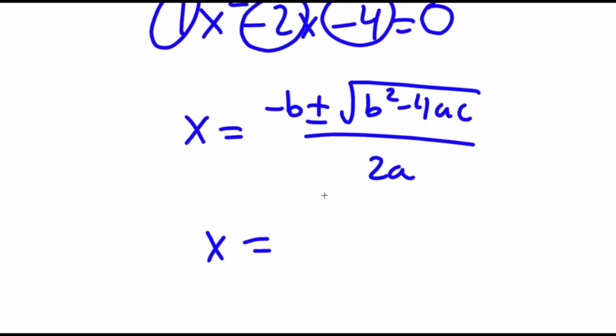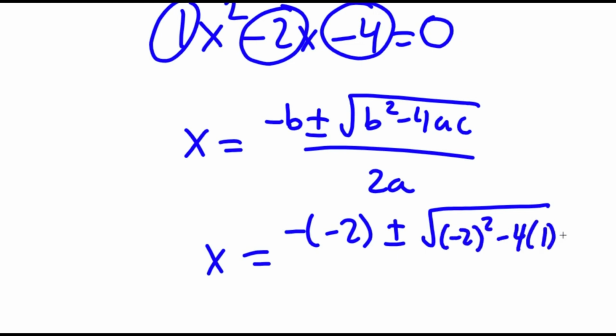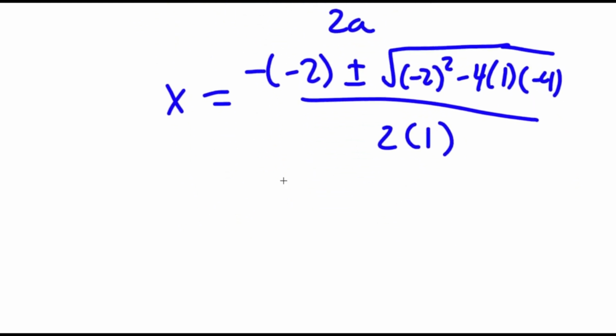So I have x is equal to -2 plus or minus the square root of b squared, so -2 squared minus 4 times a, which is 1, times c, which is -4. And I have all of this over 2a, so 2 times 1.